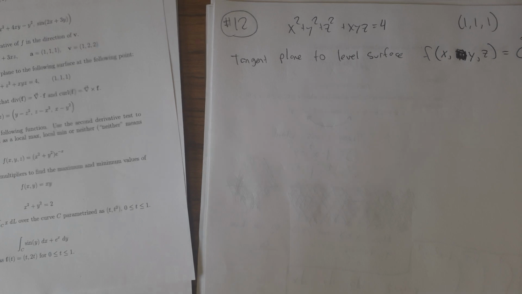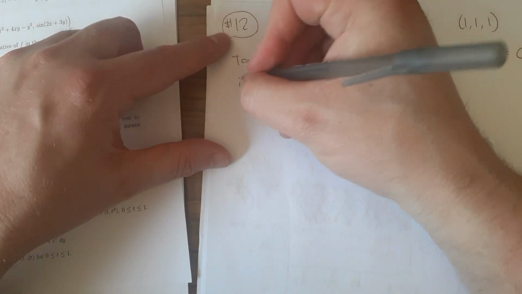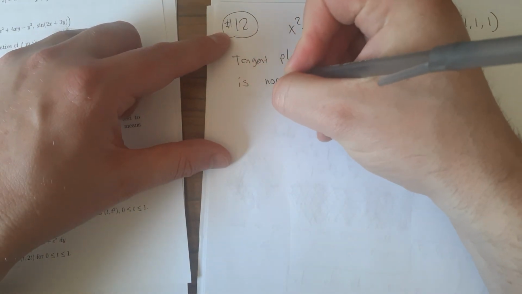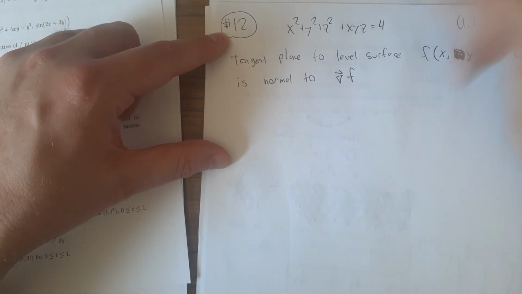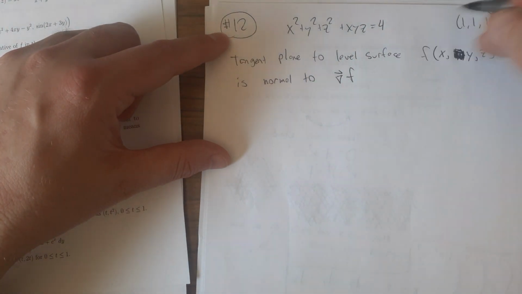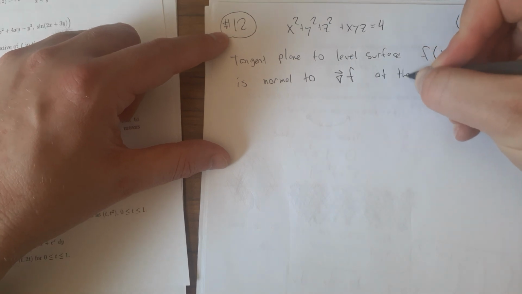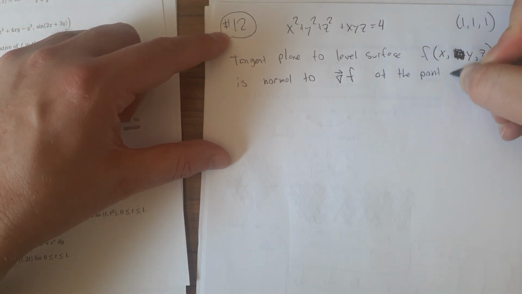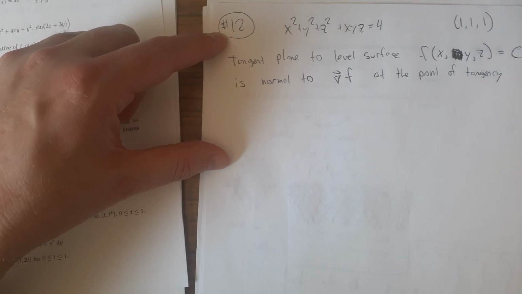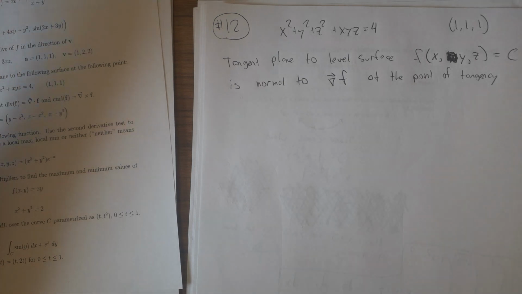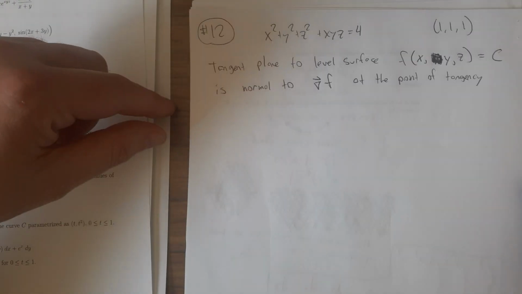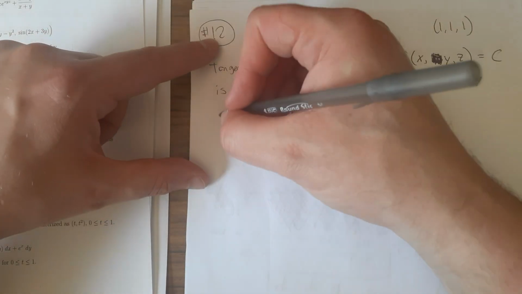The tangent plane to such a thing is normal to the gradient at the point of tangency. The point that it's tangent at, which is this point. Okay, so let's find the gradient.